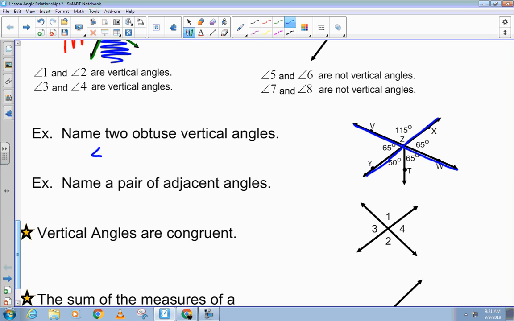Angle BZX would be one of them, and YZW. So we're talking this angle here and that angle there. And notice, this was 115. This right here was 50 plus 65, which is 115, right? So vertical angles are equal to each other, okay?